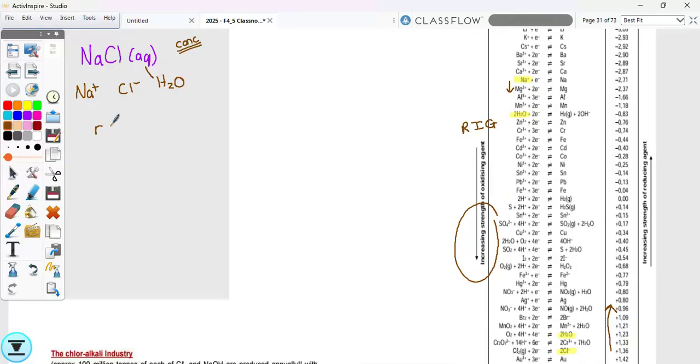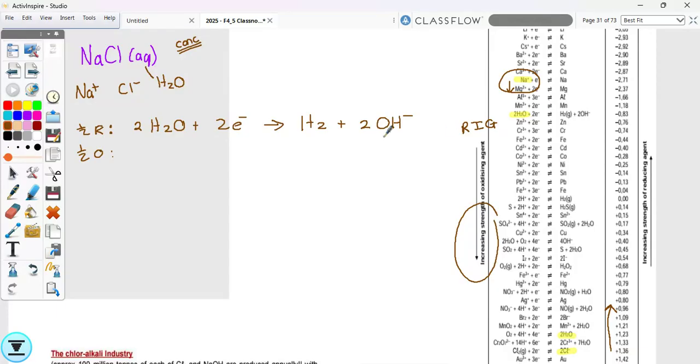So my reduction half reaction and my oxidation half reaction, I can still write them down. Reduction is going to be this one, the water. So we're going to have 2H2O plus 2 electrons forms H2 plus 2OH minus, because the sodium is now the spectator ion because it's not actually taking part in the reaction.